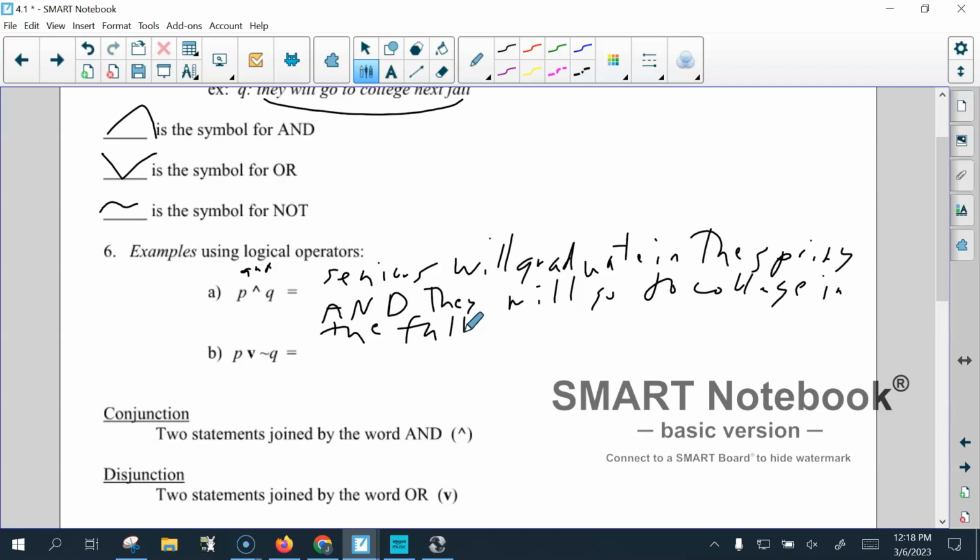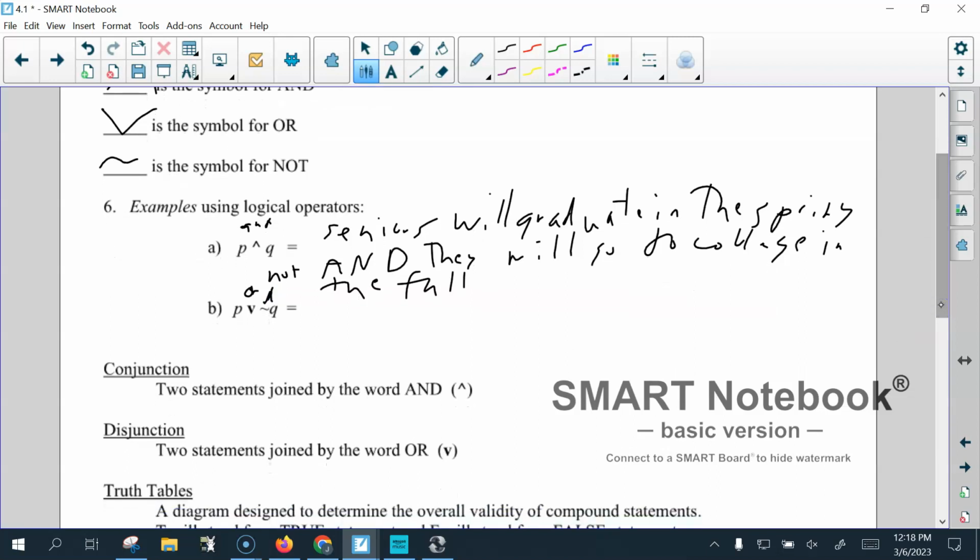All right? Now, P, then that's kind of a V, and then the tilde. So remember, this means or, and this means not, the tilde. Okay? So we're going to kind of start off repeating what we already said. Seniors will graduate in the spring. I'm going to abbreviate that. In the spring.